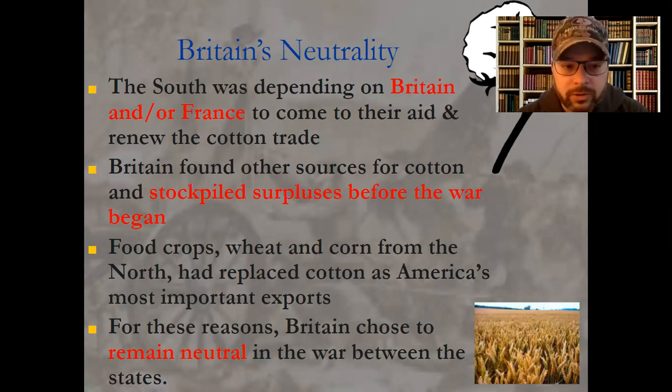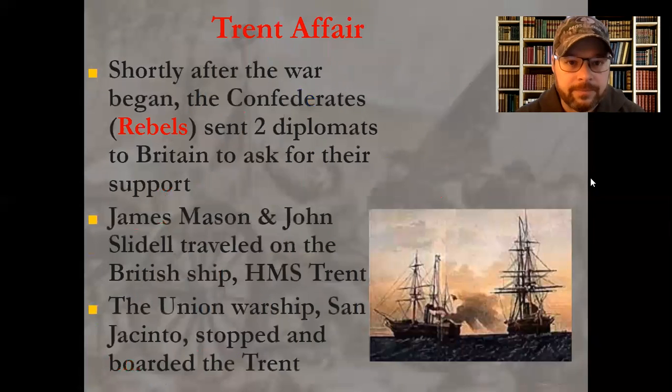Britain found other sources for cotton and stockpiled surpluses before the war began because they weren't stupid. They were keeping an eye on things. So they found other places, including India. That's where they got most of it. Food crops, wheat and corn from the north had replaced cotton as America's most important exports. For these reasons, the British chose to remain neutral in the war between the states.